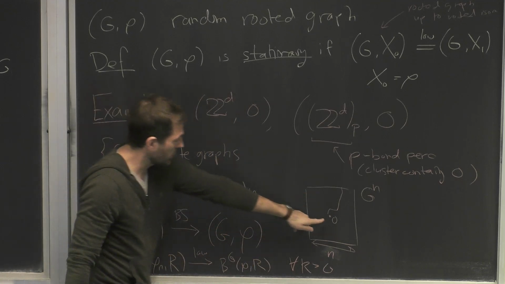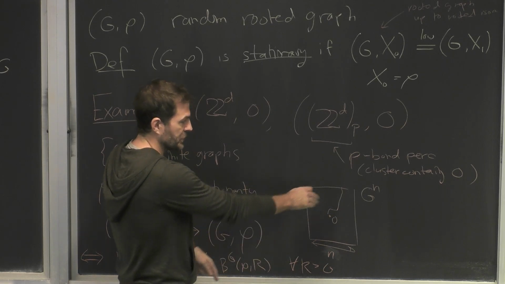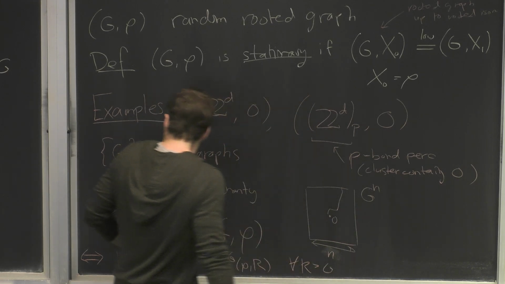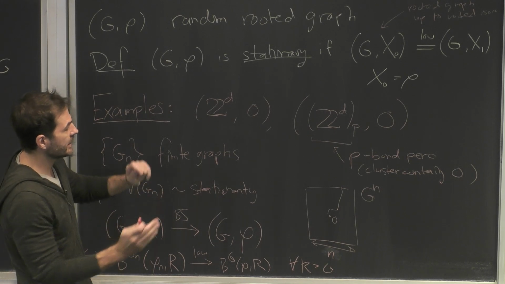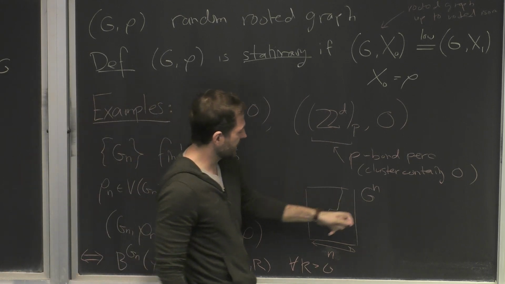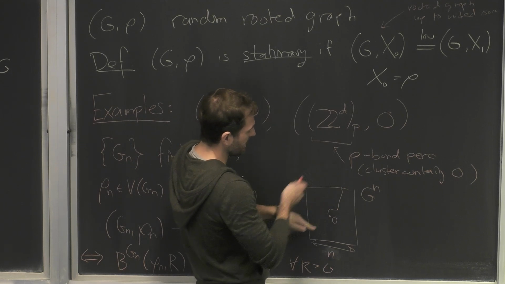Now choose not the origin, but a vertex according to the stationary measure of this graph. Then you get a pair G_n, rho_n. Again, this graph is conditioned on there being an open path from the origin to the boundary of this box.